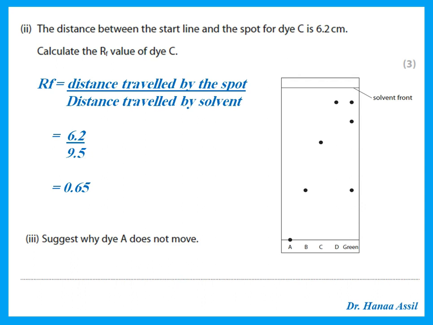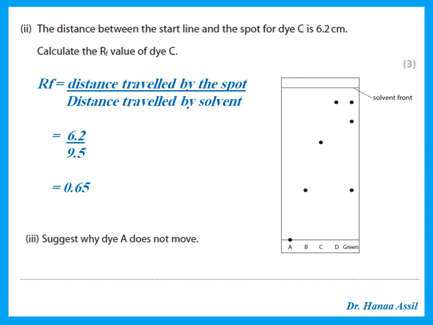So what we do is measure with a ruler the distance traveled by the solvent, that means the distance from the start line, where the spots were originally placed, to the solvent front. In the question paper, it's measured as 9.5. So that means my RF value is 0.65.